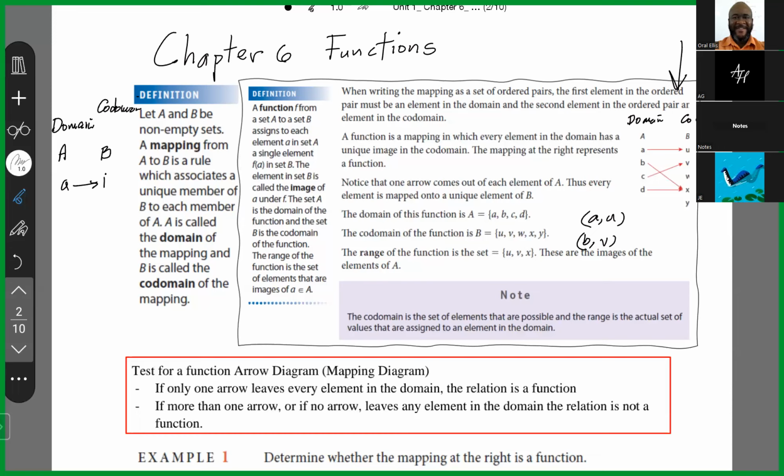These are the images of the elements of A. So what we're saying is U is the image of A, X is the image of B, V is the image of C, and X is also the image of D. Now, the codomain is the set of elements that are possible, and the range is the actual set of values that are assigned to an element in the domain.